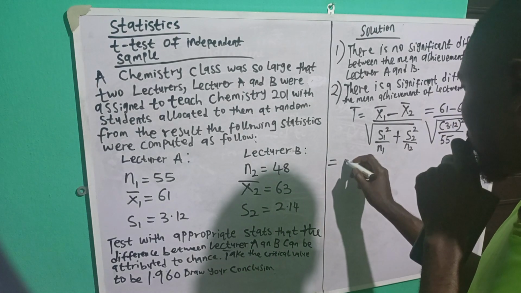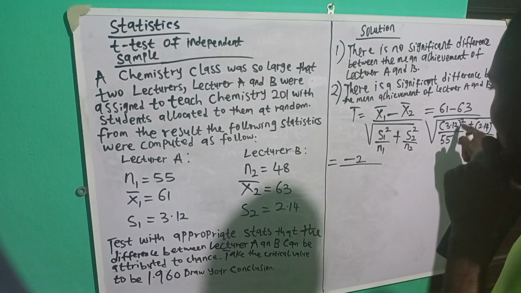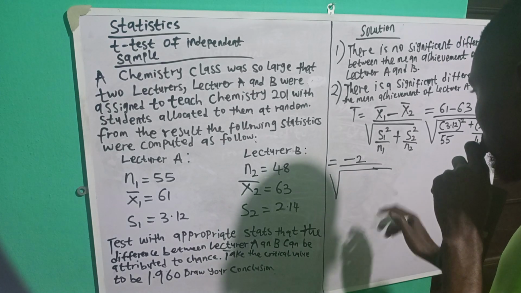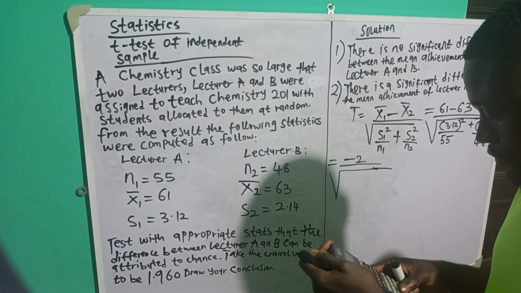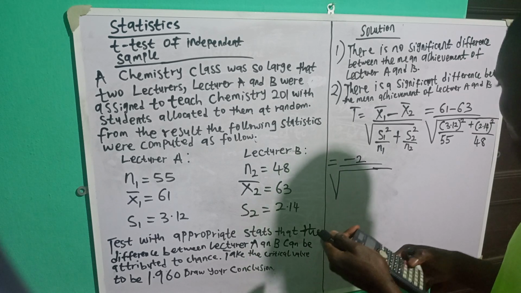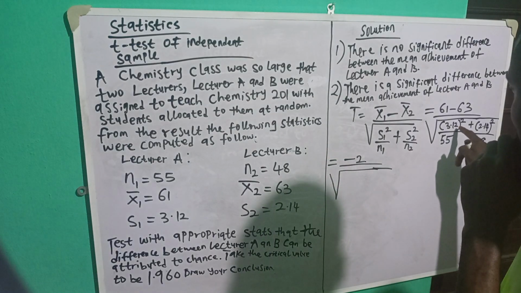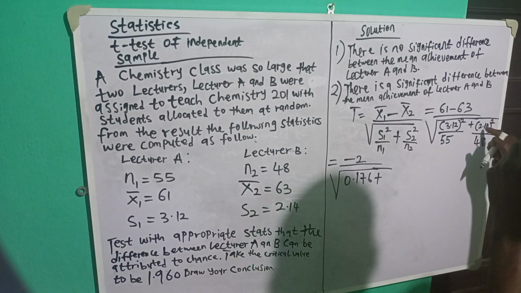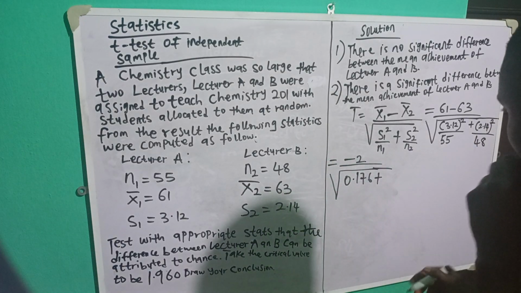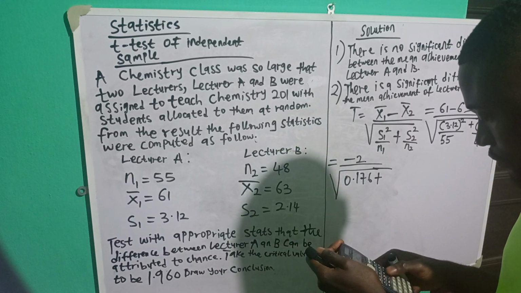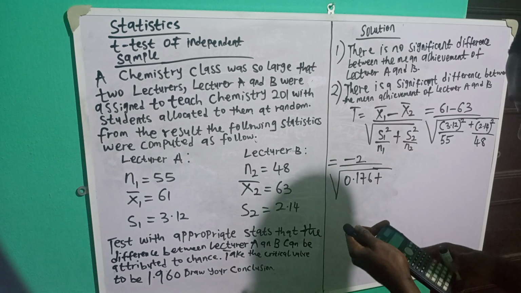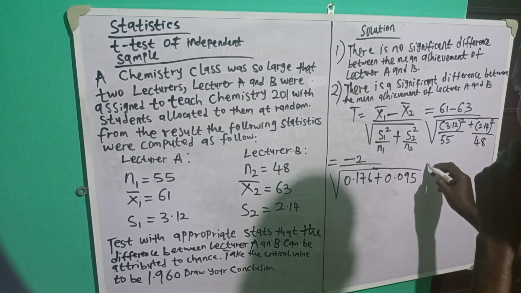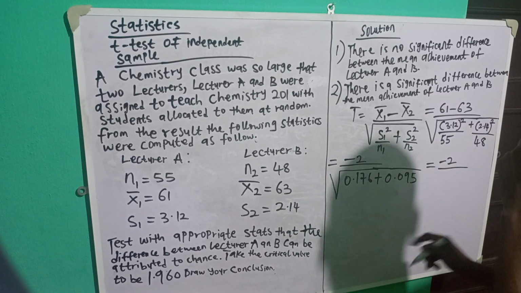So this will now give us 61 minus 63, which is minus 2, over the square root of 3.12 squared divided by 55, which is 0.176, plus 2.14 squared divided by 48, which gives 0.095.